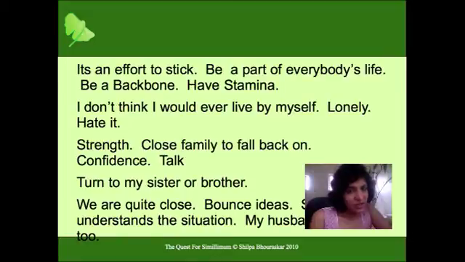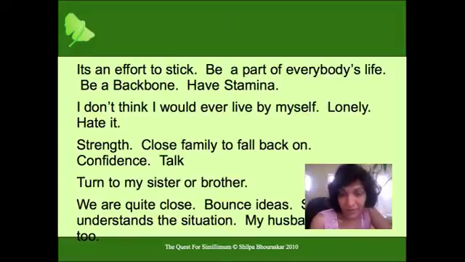And then she mentions it's an effort to stick, because it's an effort to be a part of everyone's life, because she has obviously a big family, to be a backbone and have that stamina to keep up. So there is something about the energy. I don't think I would ever live by myself. I don't think I'll ever be lonely. I hate being lonely. So my family is my strength.